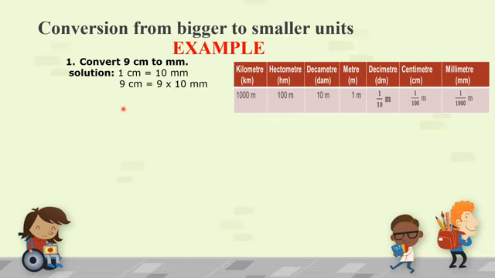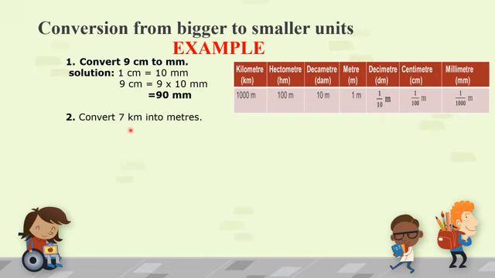We will say 9 centimeter equals 9 into 10 mm, which is 90 millimeter. So 9 centimeter equals 90 millimeter. One step, so we multiply by 10; 2 steps, then 100; 3 steps, then 1000. Simple.